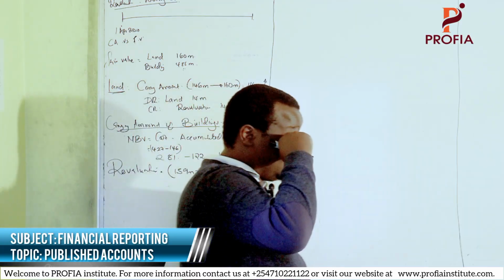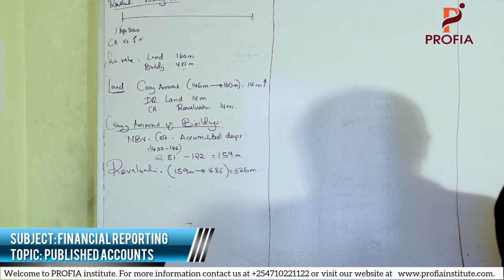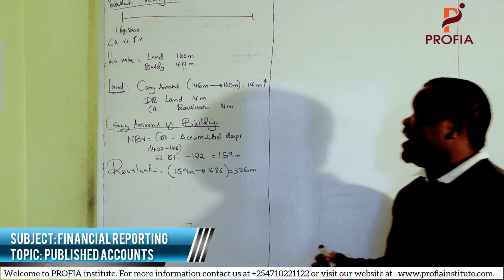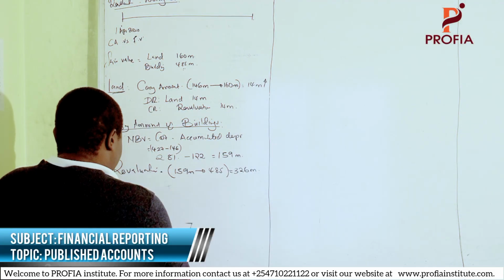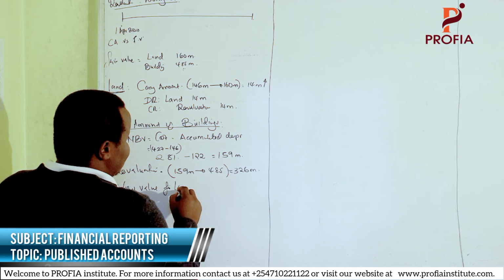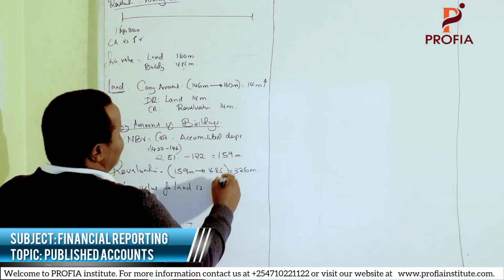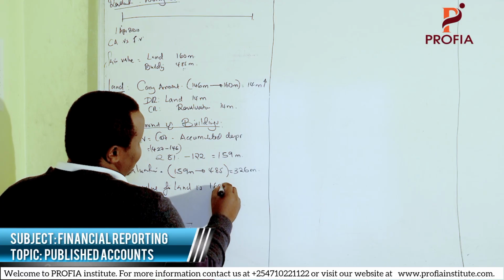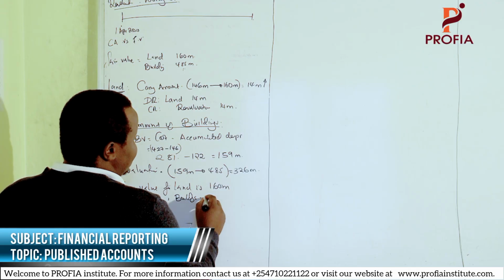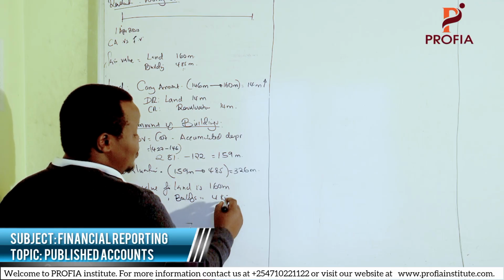Then we write something for us to understand. The new value for land is 160, and the new value for buildings is 485.